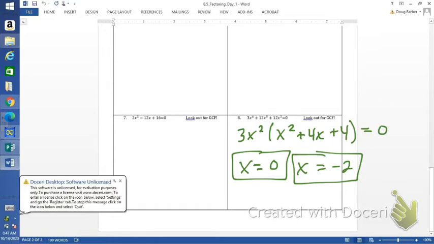And here's the answer for number 8. Alright, and I would anticipate we may have to go over number 8 in class. Alright, but there you have it. That's 8.5, day 1.